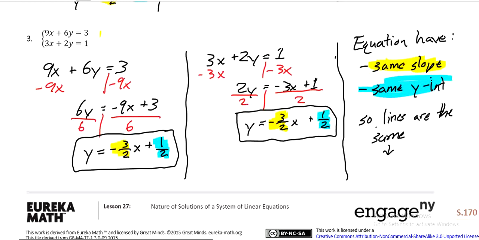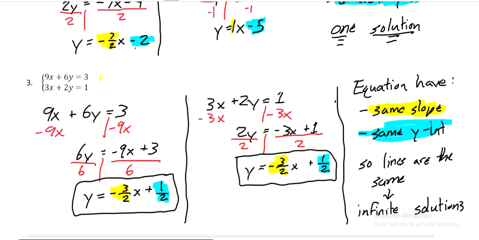Therefore, every single point that is on one line is on the other line. So this is what we call infinite solutions, meaning every single point makes both equations true at the same time. So there are an unlimited number of solutions.